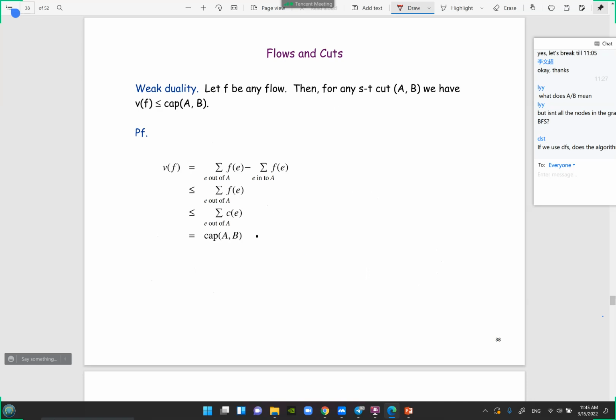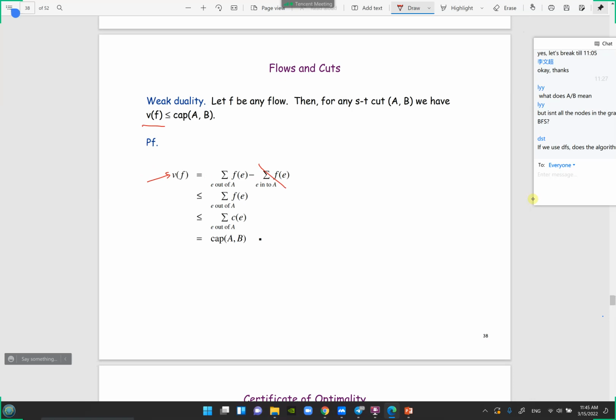So to prove this property, which is that for any flow and any cut, the value of the flow is no more than the capacity of the cut, we have this lemma that we just proved. If you just subtract out this term, you have this thing over here.